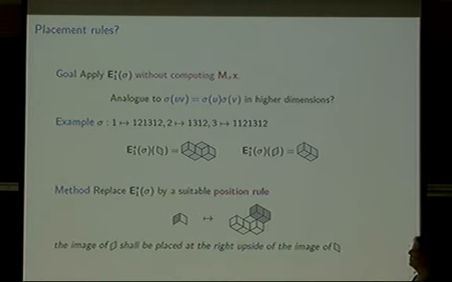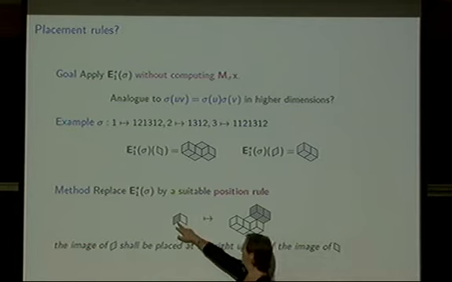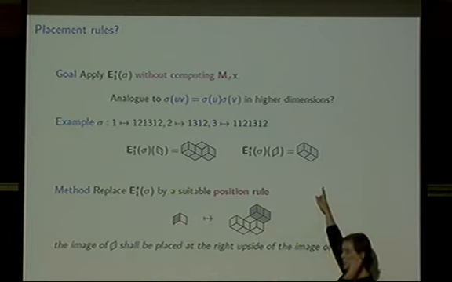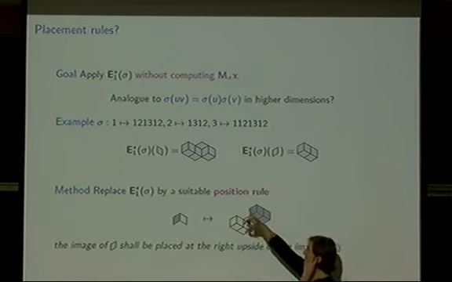For instance, if you compute the image under a one-dimensional substitution, the image of UV is going to be the concatenation of the image of U and the image of V. You never compute the rest. We want to do the same here. We know that this piece goes to that shape, and that this piece goes to that shape.